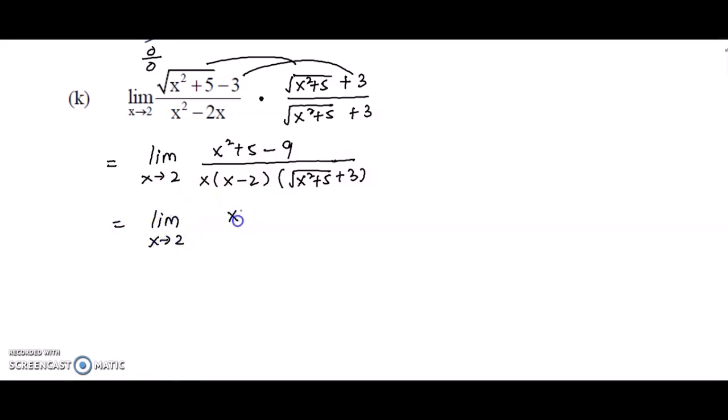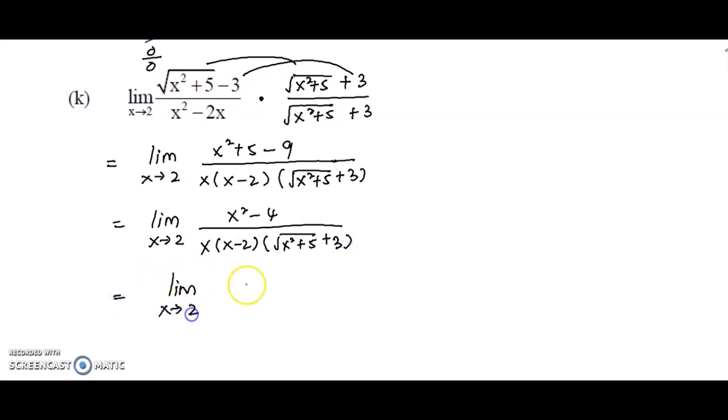Simplify the numerator. I have x squared minus 4. So once you have x squared minus 4, actually, you should be able to see that x squared minus 4 can be factorized into x plus 2, x minus 2. Further simplify means that I need to factorize the x squared minus 4 to be x plus 2, x minus 2.